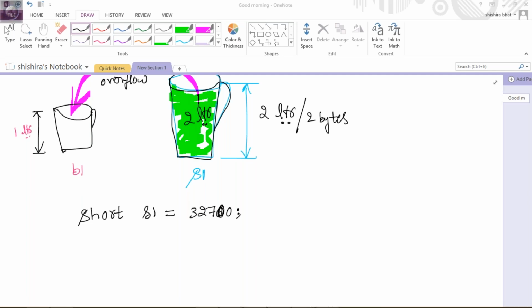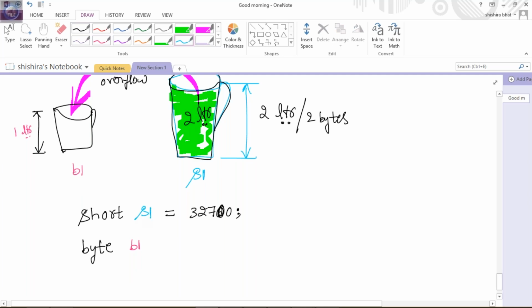Right. So now I'm assigning this into B1. What is the data type of B1? So I take B1 as byte. Byte B1. Now S1 is this short S1. I hope now it's better.